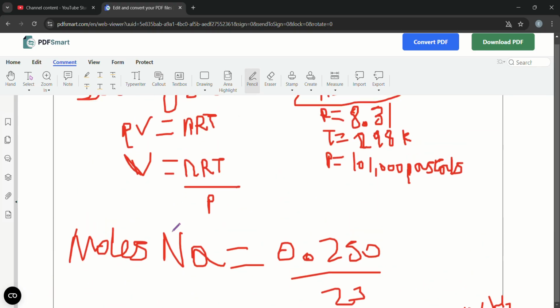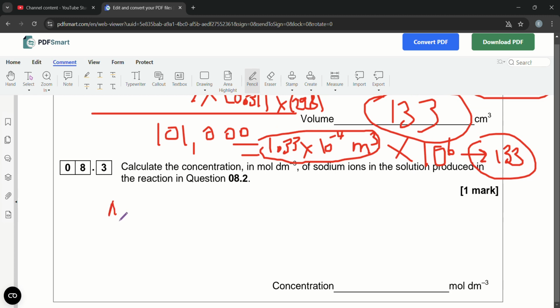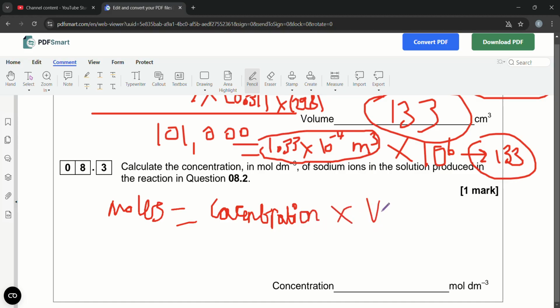There's a lot going on in this, so let's write that down. Moles is equal to concentration times volume. Therefore, we're trying to find concentration.